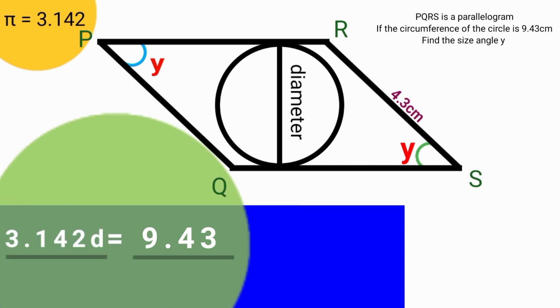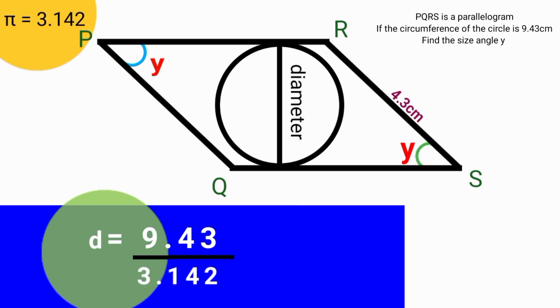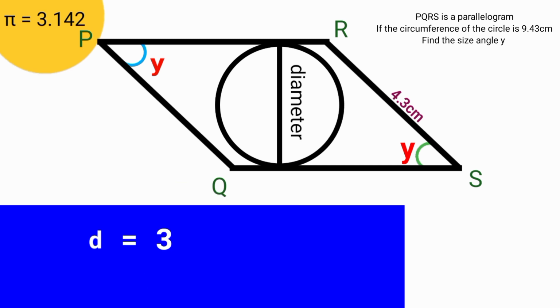Dividing both sides by 3.142, here 3.142 will cancel 3.142, while here 9.43 over 3.142 is equal to 3. Now we find the diameter of the circle to be 3 centimeters.